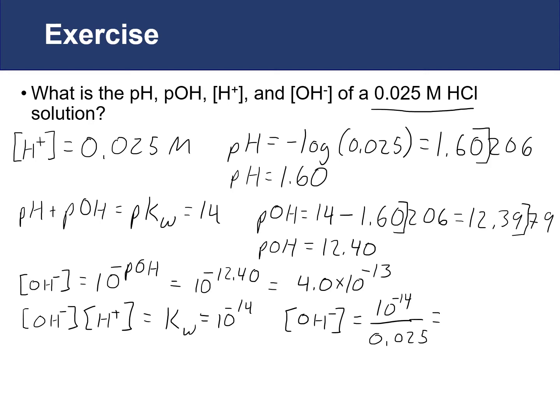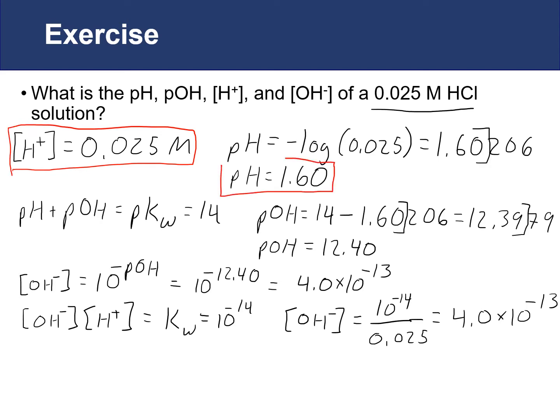So that also gives us 4.0 times 10 to the minus 13. Our answers for our H plus concentration are 0.025 molar, for our pH, it is 1.60, for our pOH, it's 12.40, and for our OH concentration, it's 4 times 10 to the negative 13.